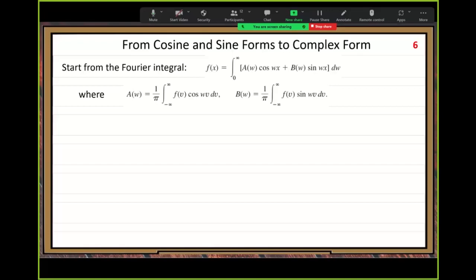So here the derivation: actually, we get some inspiration from the sine and cosine transforms. What I mean by inspiration here is that it's not a rigorous proof. Inspiration means we use the existing formulation to give us some reasonable new formulation ideas.